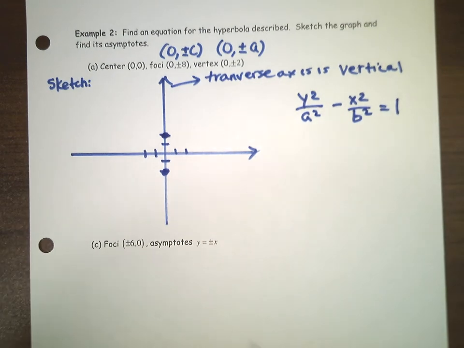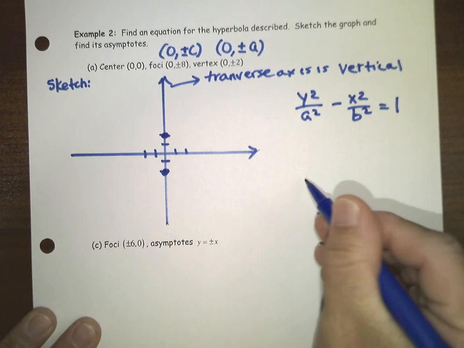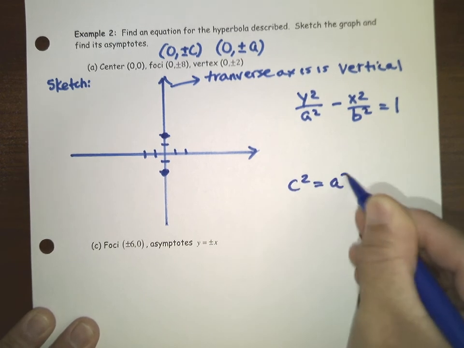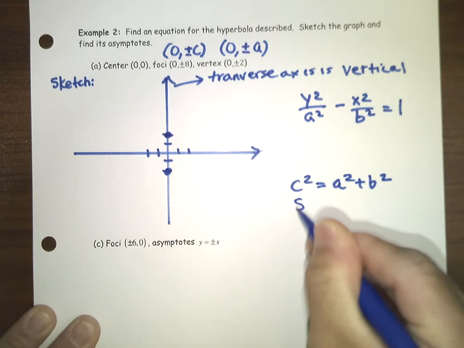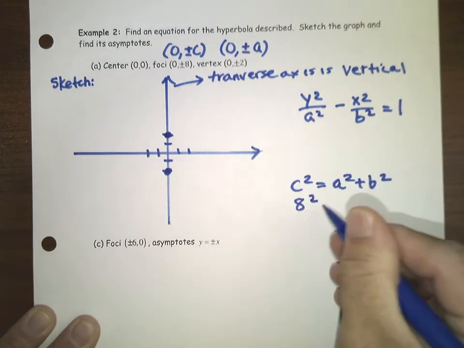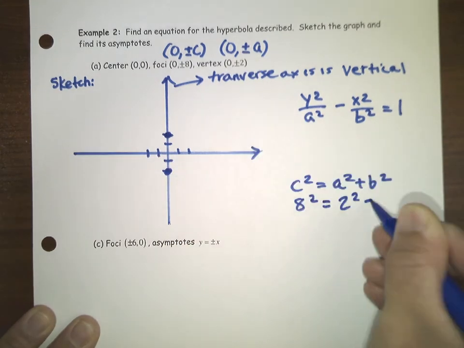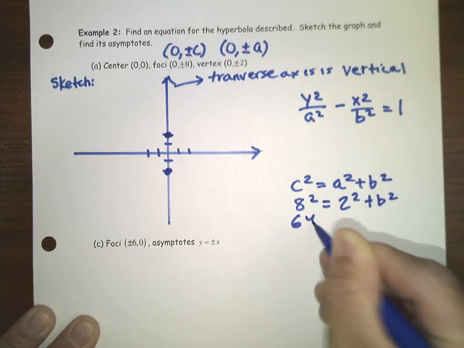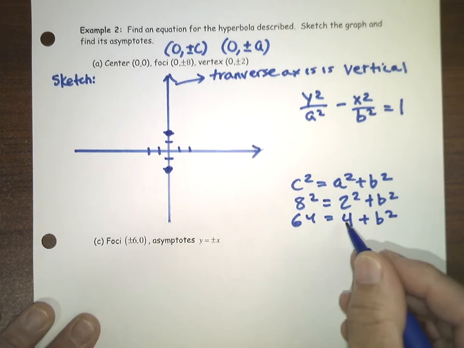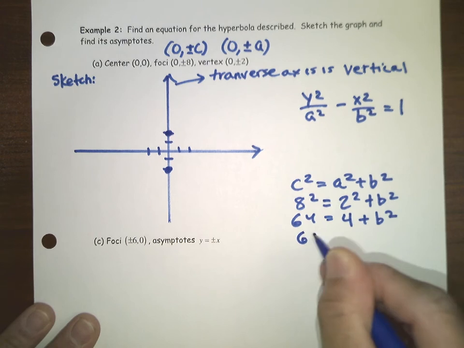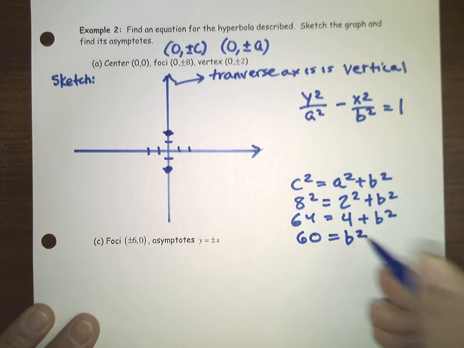And so all we really need to do is figure out what b is now. Since c squared is a squared plus b squared, and c was 8, and a was 2, we have 8 squared is equal to 2 squared plus b squared. So 64 is equal to 4 plus b squared. You can subtract the 4 to get 60, so 60 is equal to b squared.